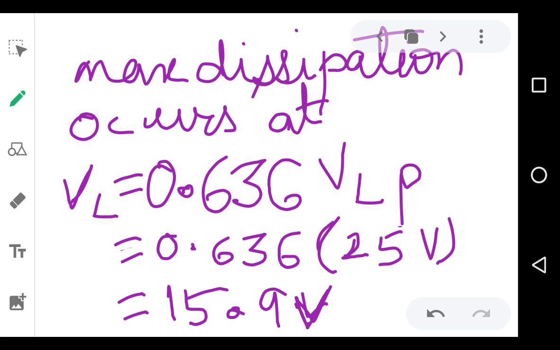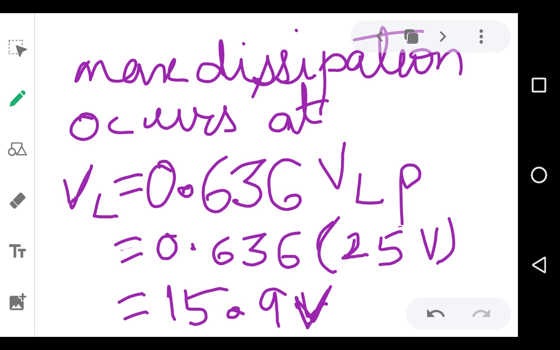So maximum dissipation occurs when the output voltage is 0.36 times VL. So what we say is that the dissipation occurs at 63% of the maximum load voltage.